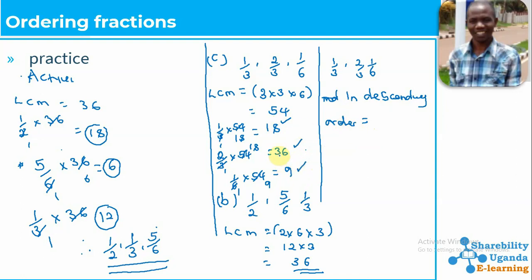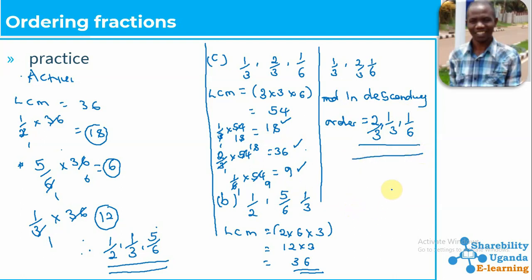The biggest is 36, so we take 2 out of 3. 2 out of 3 is the biggest. Then we have 18 and 9: 1 out of 3 followed by 1 out of 6. So this is how it should be arranged.